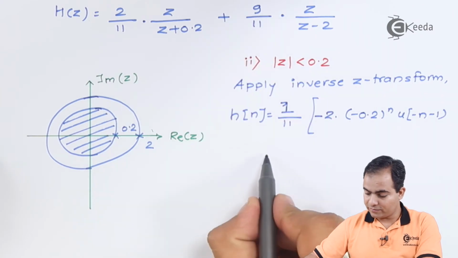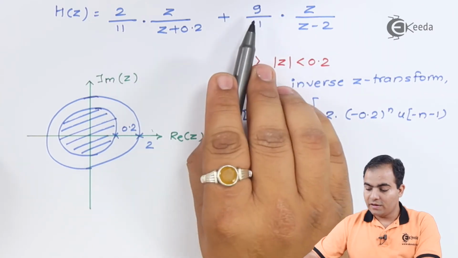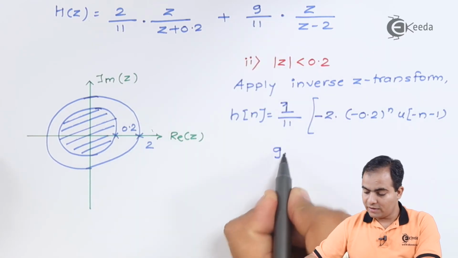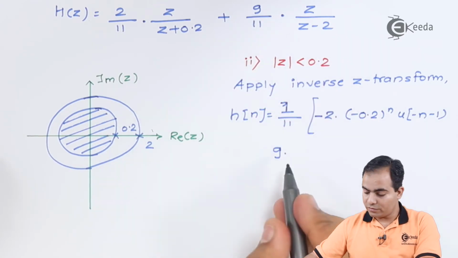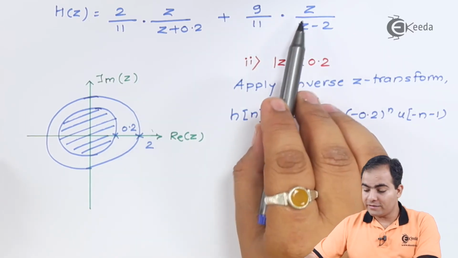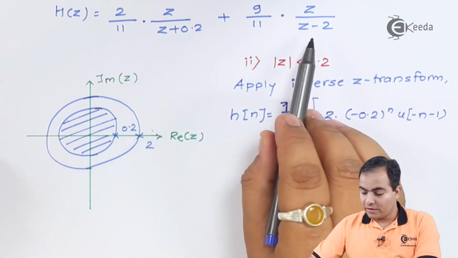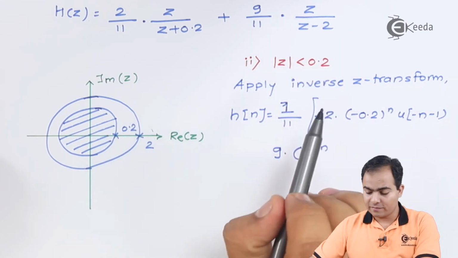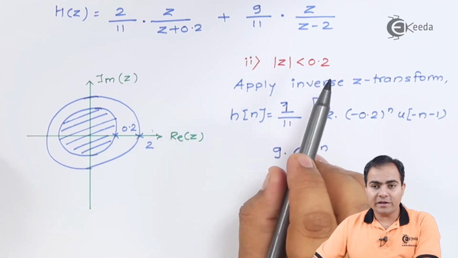Similarly here also, we have a constant value which is 9. Next the a value is 2, so I'll write 2 to the power n. Now here we have z upon z minus 2. Now two values are already written. Next part is z upon z minus 1. But we are not going to write u(n) here.